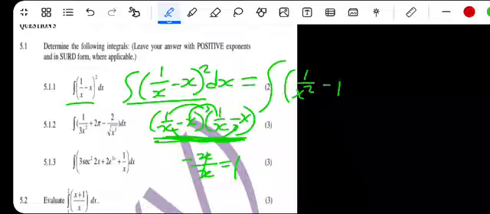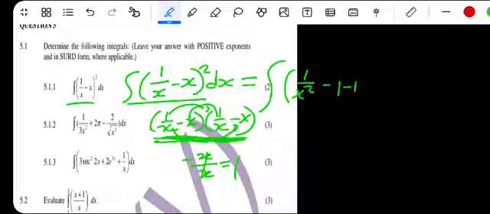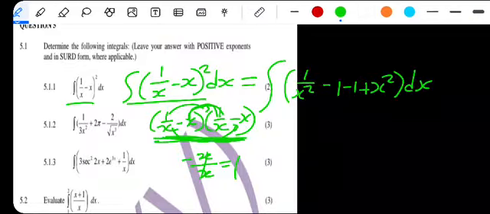You distribute this one, this negative 1 into that will simply equal minus 1. Then you multiply it there, you will have now positive x squared. We have here dx.